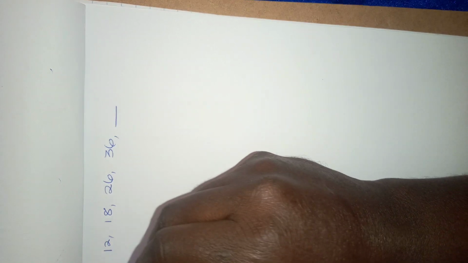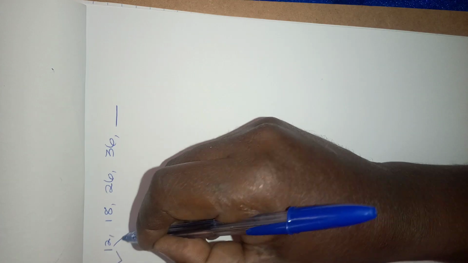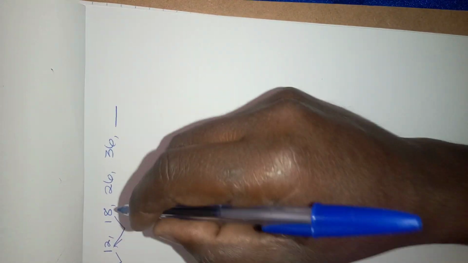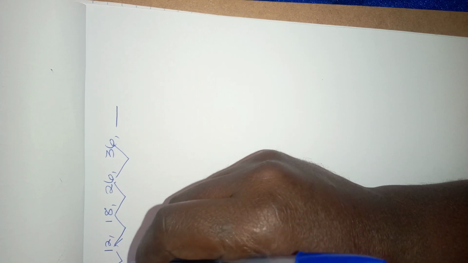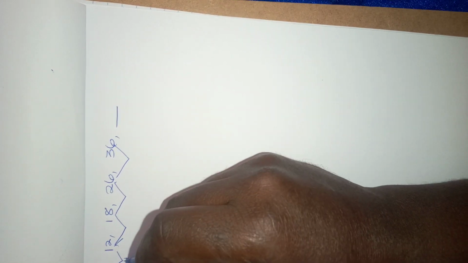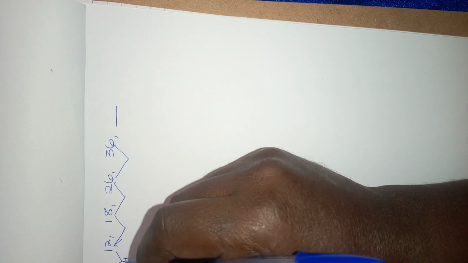So in the solution, we need to establish the pattern that was used to inform this kind of arrangement. So we need to get the difference between each two items in the pattern. Between 8 and 12, the numbers are increasing by plus 4, because 8 plus 4 gives us 12.